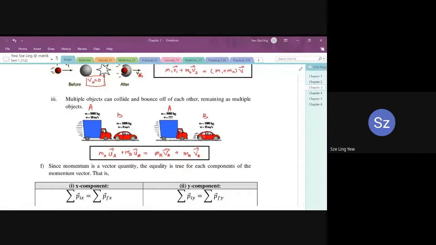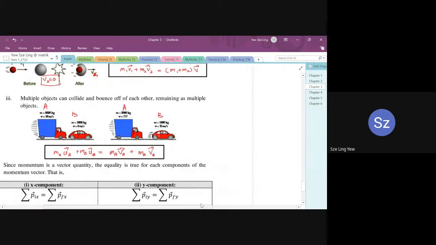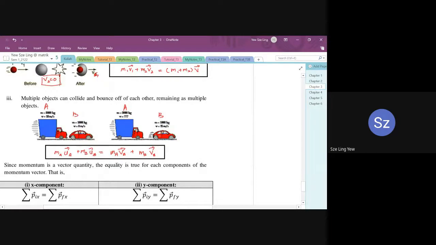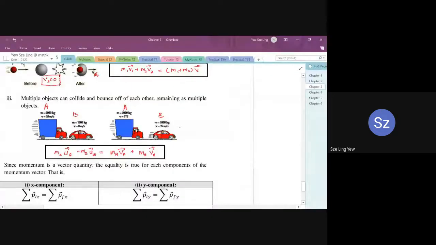Now, it is a very good question just now: what type of collision is it? When it comes to example number 3, students often have a misconception. Students tend to assume that when objects are not stuck together, it means elastic collision. Actually, it is wrong.